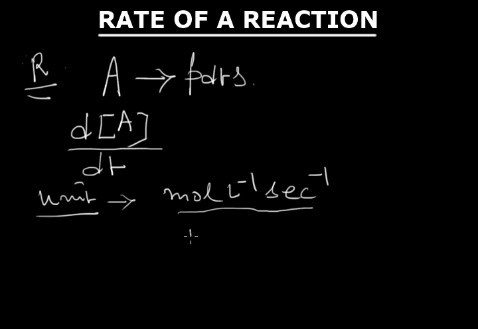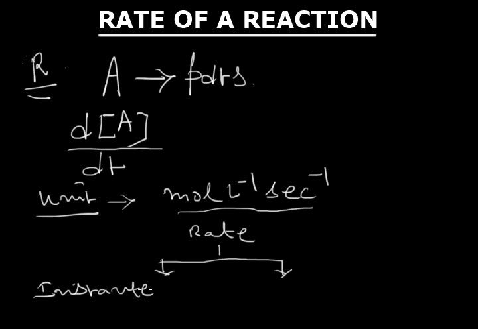Now, rate of a chemical reaction is classified in two different categories. One is called instantaneous rate, another is called average rate.